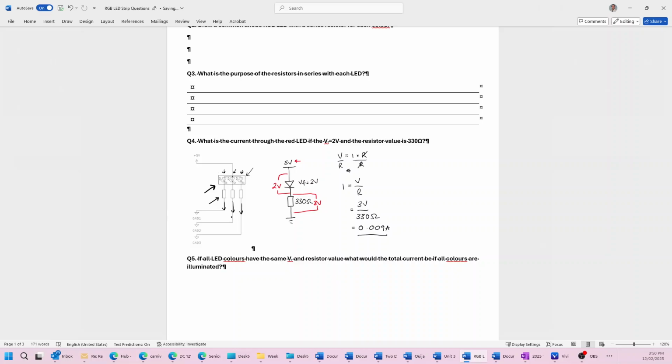So when all of these diodes are conducting, given that VF and the resistor value are the same, then the total current is going to be the number of LEDs multiplied by current per LED. So we've got 3 LEDs, and each of them passes 0.009 amps of current. So we have 0.027 amps, right? So that's for a group of 3, a red, blue, and green.